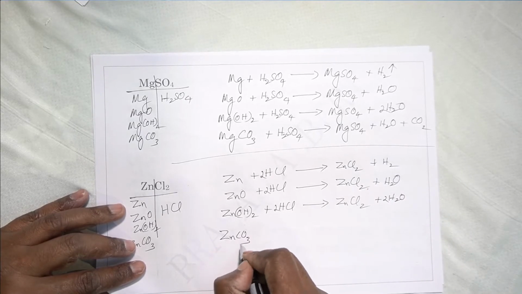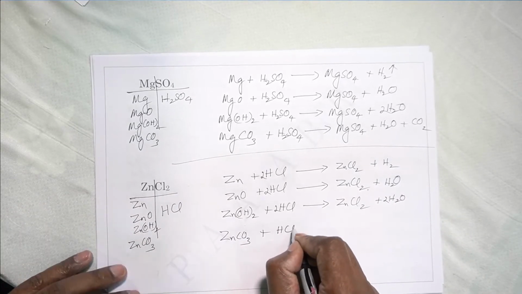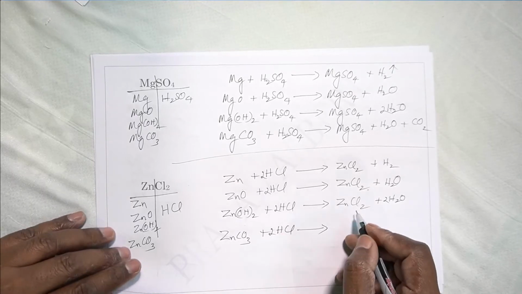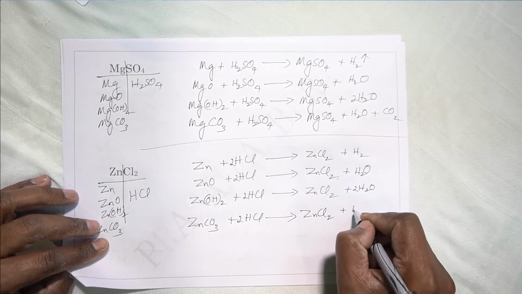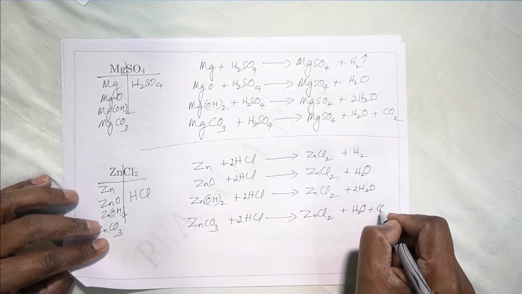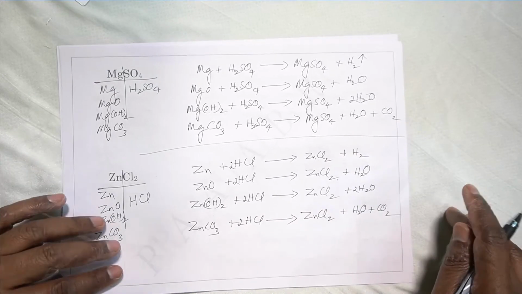Then we have zinc carbonate plus acid, again 2 molecules of acid. You get zinc chloride plus water and carbon dioxide. So the zinc salt is prepared.